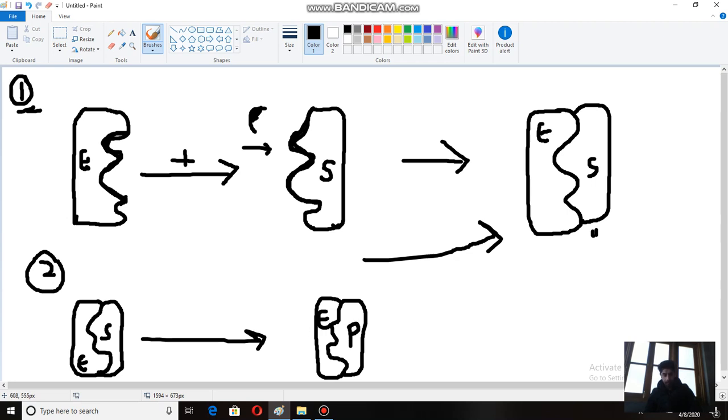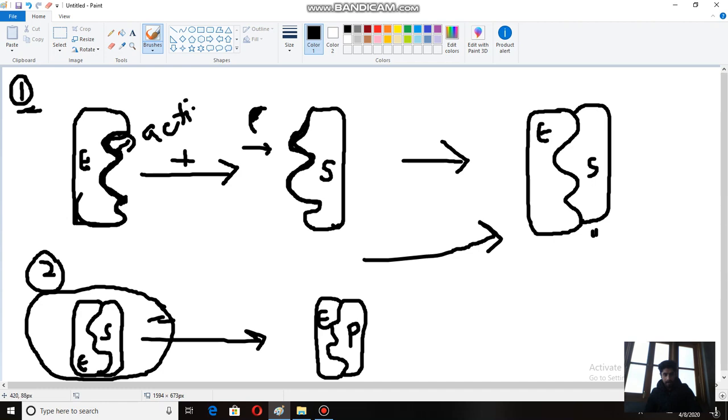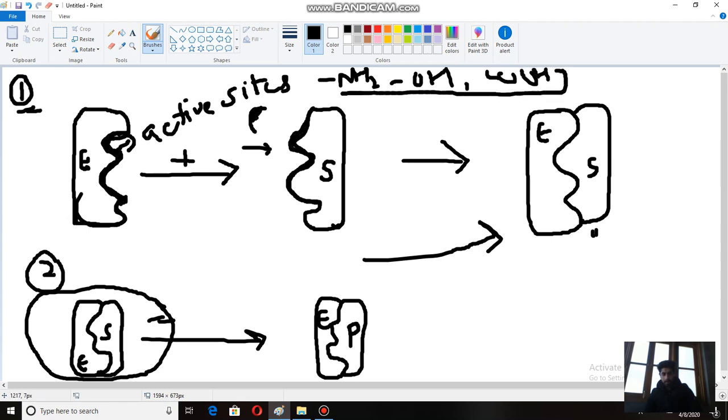This is P. So product formation takes place on the surface of this enzyme, because these cavities on the enzyme surface have some active sites on it. Active sites contain NH2 groups, OH groups, COOH groups like these. These sites are present in these cavities of the enzyme, and these sites are known as active sites. Basically, the enzyme is active because of these active sites.